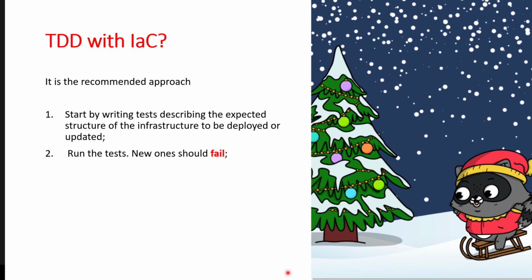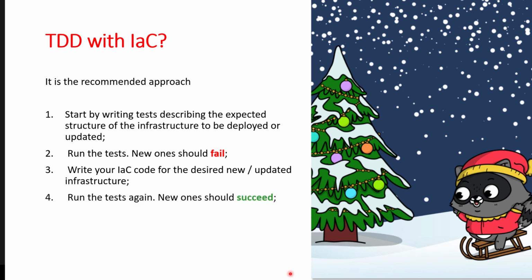Obviously, your new test should fail while your existing test should pass. And then you write your infrastructure as code script for the desired new or updated infrastructure, and you run the test again, and this time those tests should succeed. And if there is a need to refactor your code, then you will refactor your code. And here I am mainly referring to the IaC code.